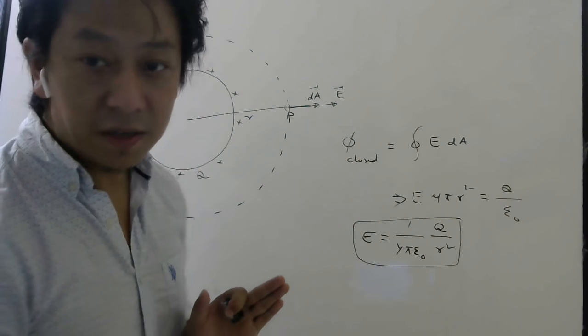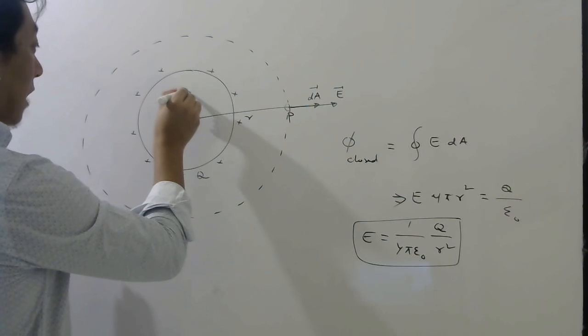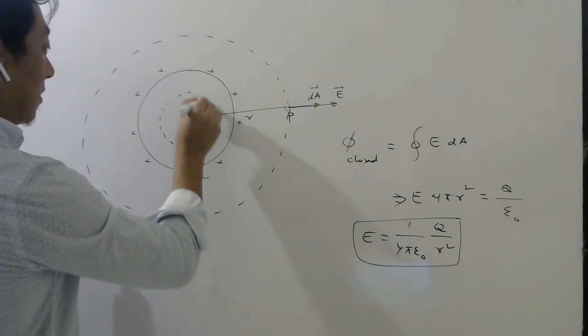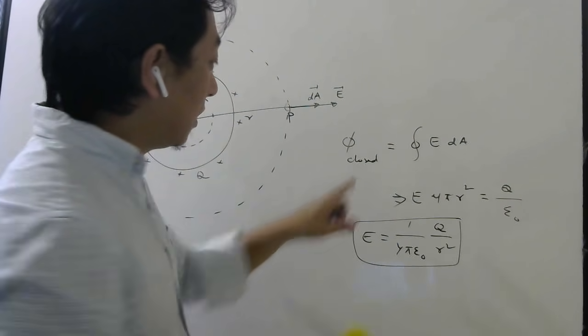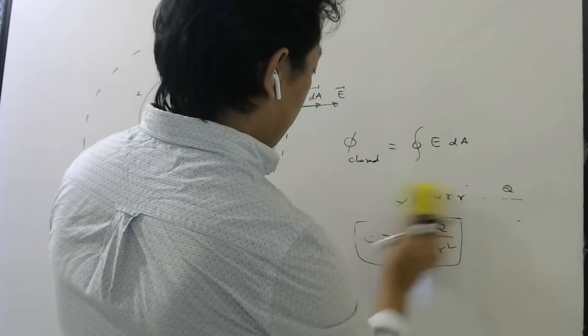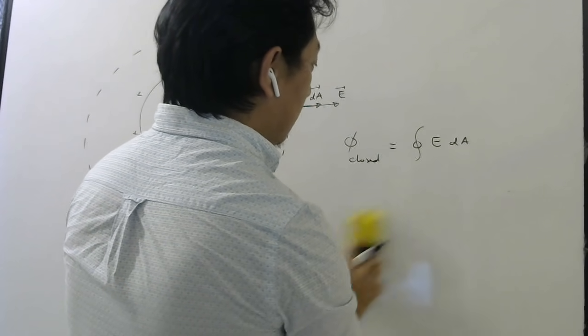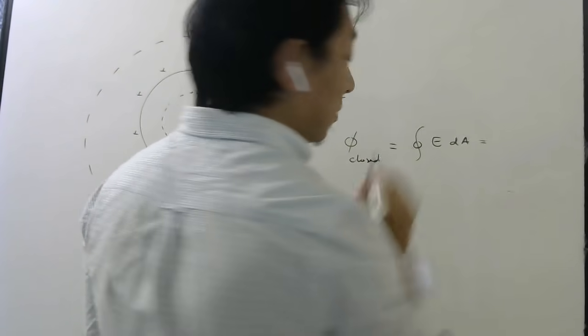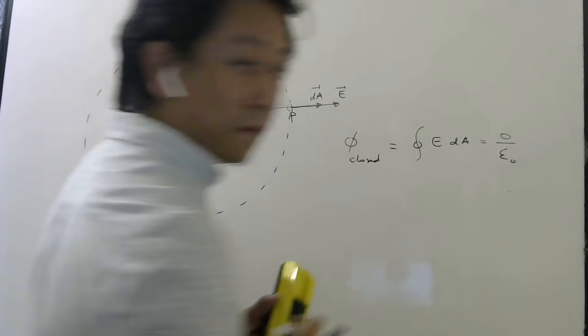Immediately it comes. Now if I take a point which is inside, then I will draw a Gaussian surface like this. Then I will apply again Gauss law, which says net flux, which is this term, should be equal to charge inside, which is 0, divided by epsilon naught. Why 0 now?